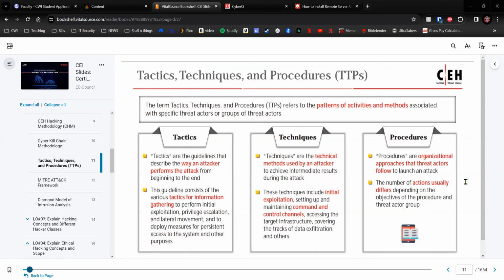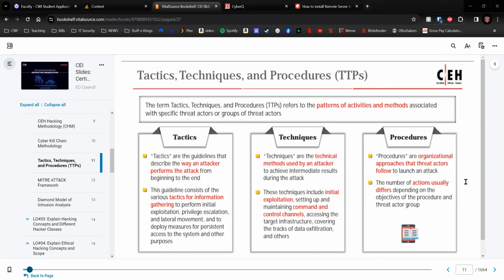Those of you in military should understand this one. In fact, a lot of these should seem familiar because a lot of them do come from that. This guideline consists of the various tactics for information gathering to perform initial exploitation, privilege escalation, and lateral movement, and to deploy measures for persistent access to the system and other purposes.